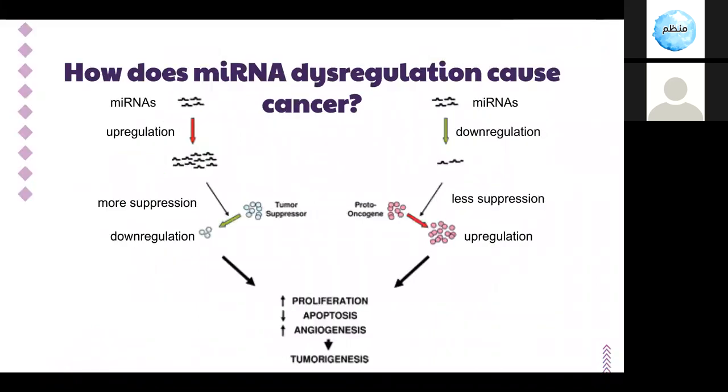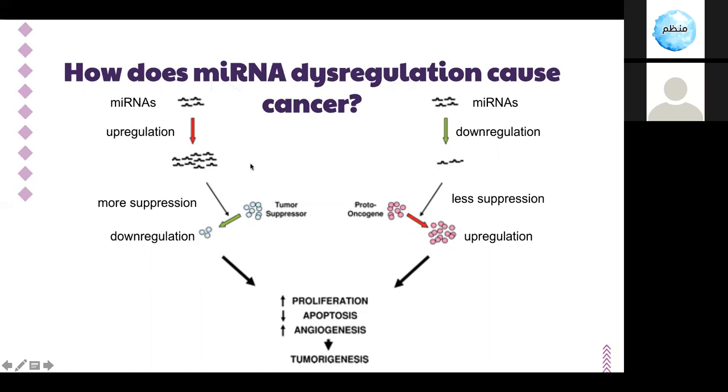Those microRNAs, sometimes they themselves carry the gene defect. So if they go high in number, they lead to cancer. And if they go low in numbers, in other cases, they also lead to cancer.